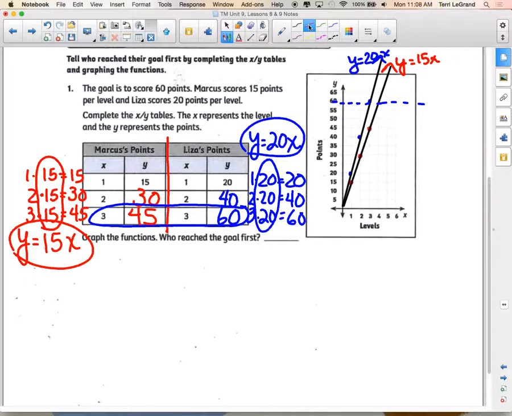At 4, so right here, this is ordered pair (4, 60). That is when Marcus got there, right here. So Liza definitely got there first. So who reached the goal first? We're going to say Liza did.